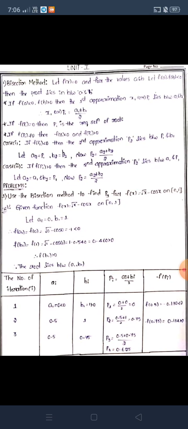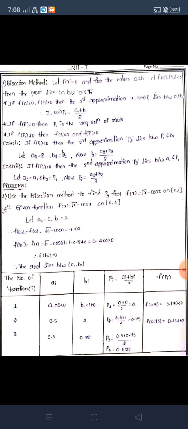First put i equals 1. a1 is equal to 0, this is less than 0, b1 is equal to 1, greater than 0. p1 is equal to a1 plus b1 by 2 is equal to 0 plus 1 by 2 is equal to 0.5. f of pi, f of 0.5 is equal to root 0.5 minus cos of 0.5.